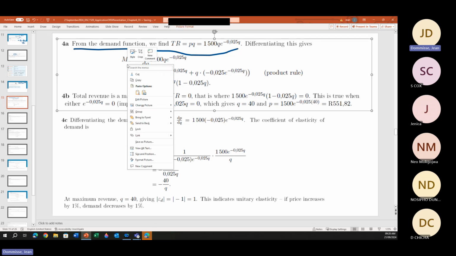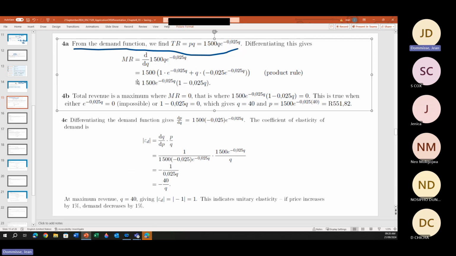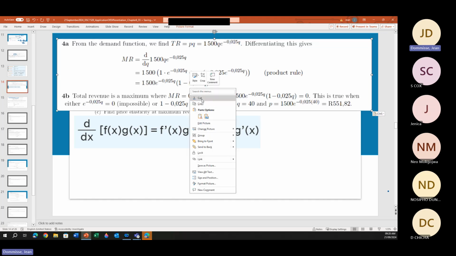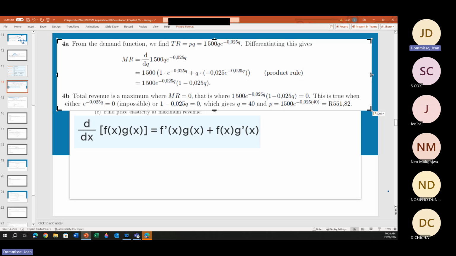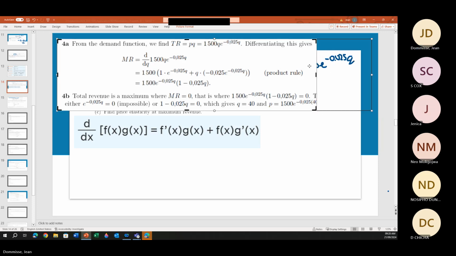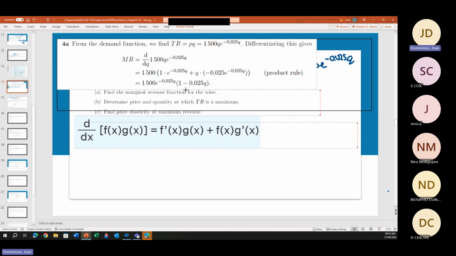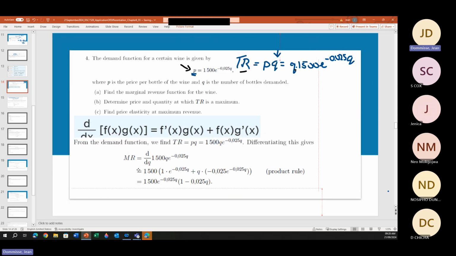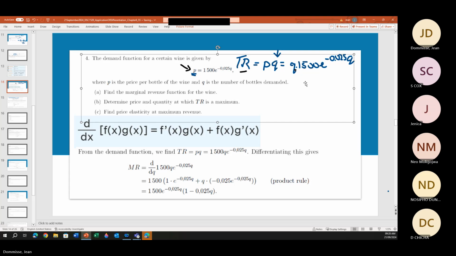Okay, so let's quickly just copy this in, so that I can show you how to go through it, and then, as always, the other components of this question that you also can look at. So let's just quickly check that it is exactly the same.